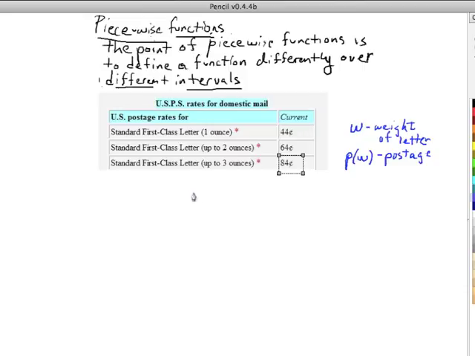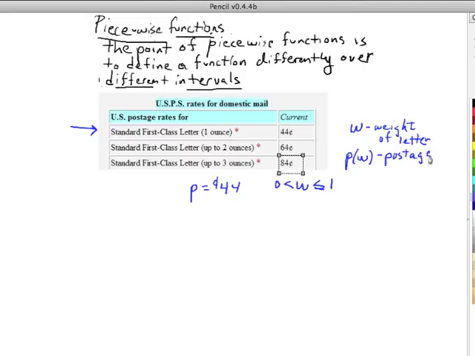Okay, so let's describe this algebraically. The postage is equal to 44 cents if the weight is between 0 and 1 ounce, and this is including 1 ounce. That's why I put less than or equal to. This is the blue case right there.